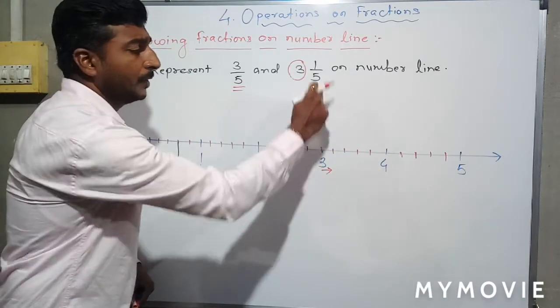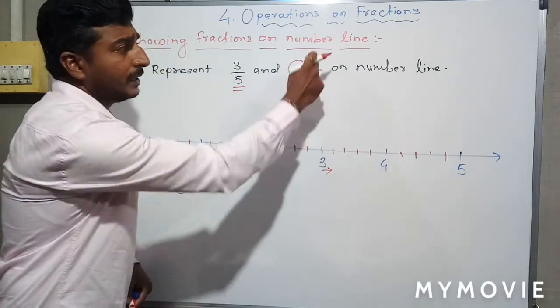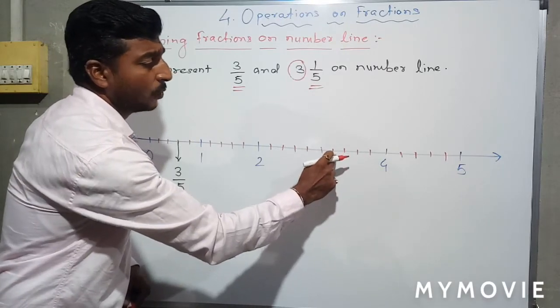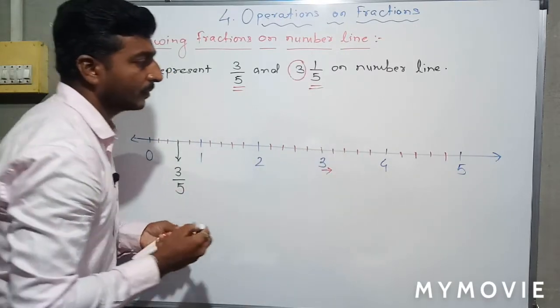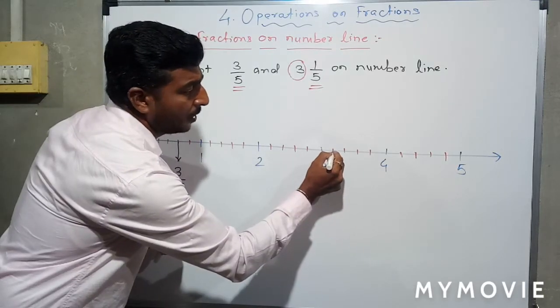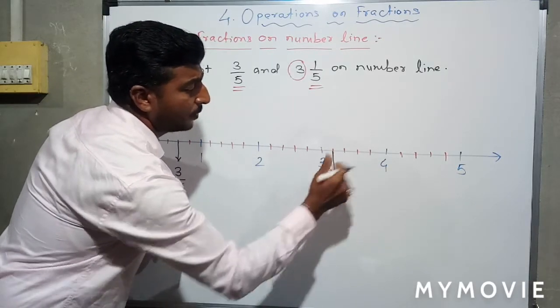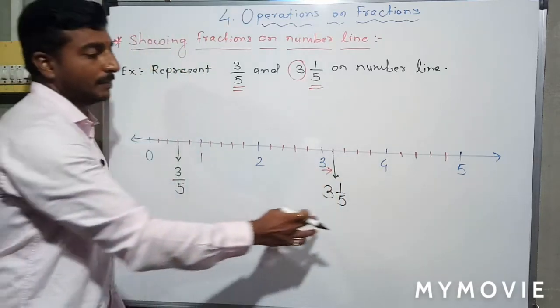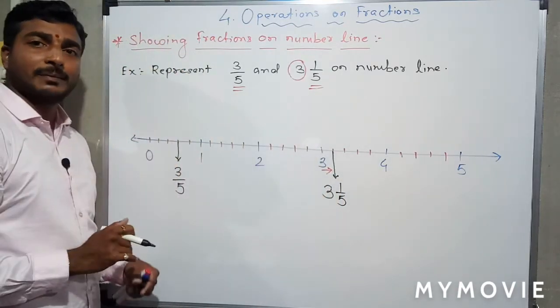So after 3, 5 parts are already there. Out of that you have to take 1. Out of that 1 means this part. After 3, this is the 1 part out of these 5. So this is 3 and 1/5. So you can represent the mixed number in this way.